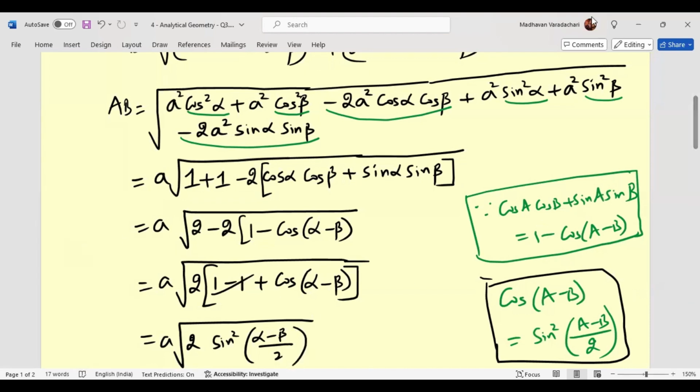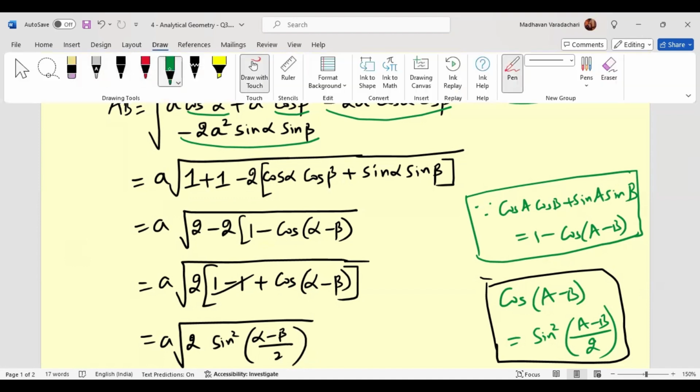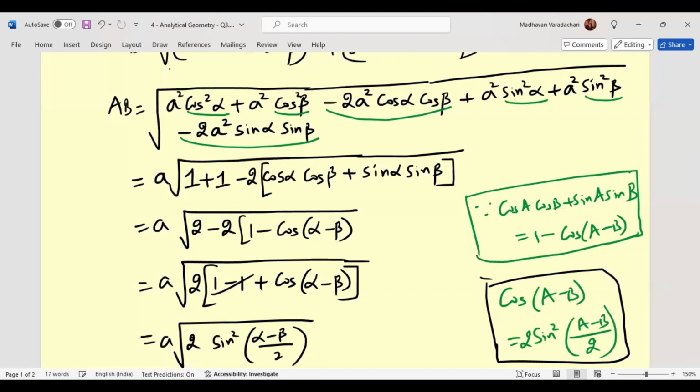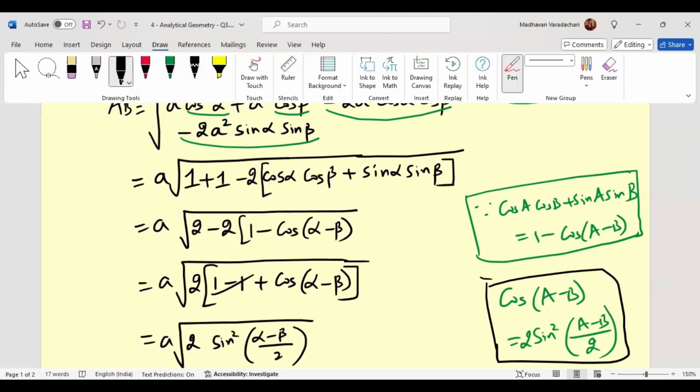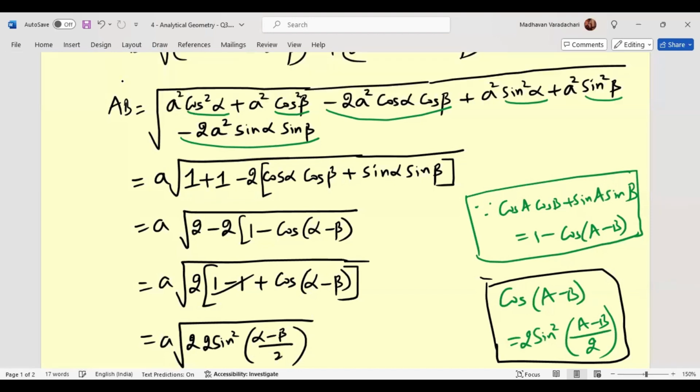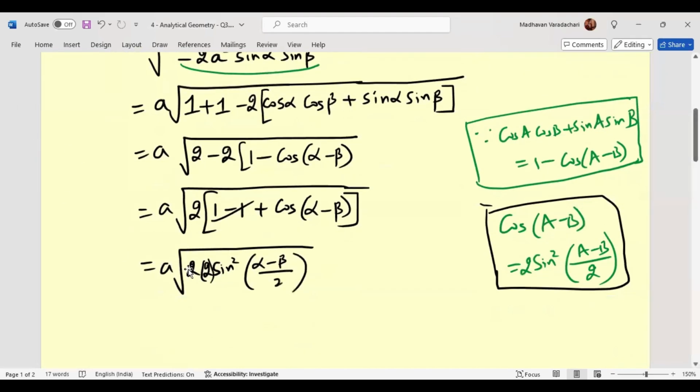Sorry, this will be 2 times. So we will write this as 2 times. Okay. Now there are 2 2's inside the square root, so we can take it outside.